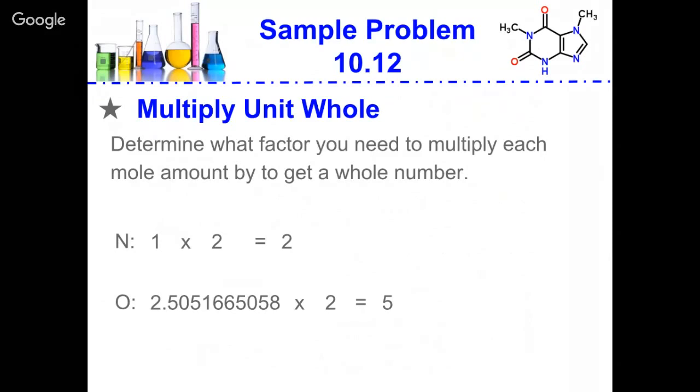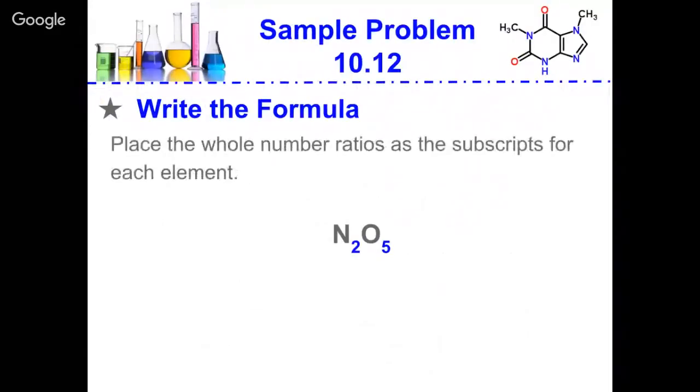So now we've done all the math needed to solve this problem. Now we actually need to write the formula. So place the whole number ratios as the subscripts for each element. So nitrogen, remember we solved it was a 2. Oxygen, remember we solved it was a 5. Pretty self-explanatory if you follow that process.